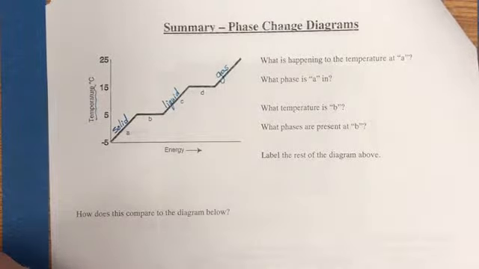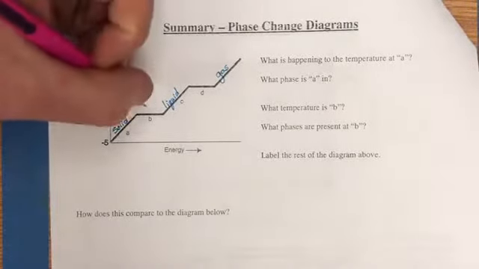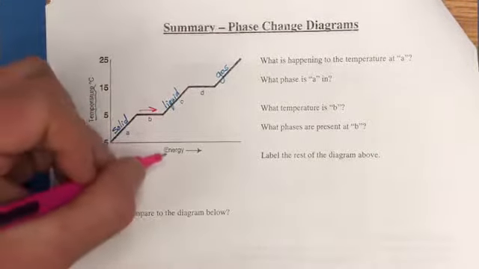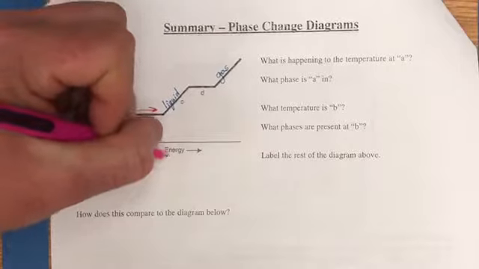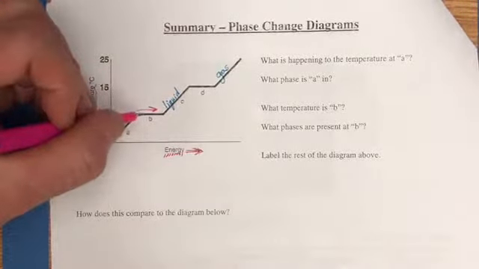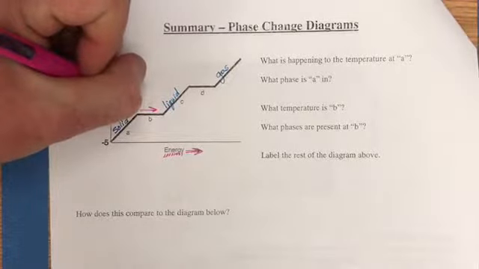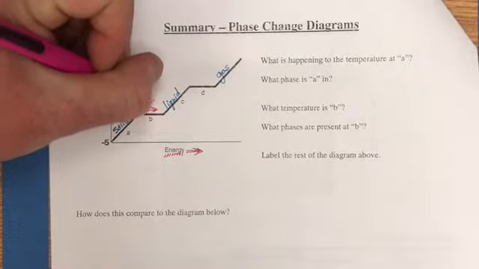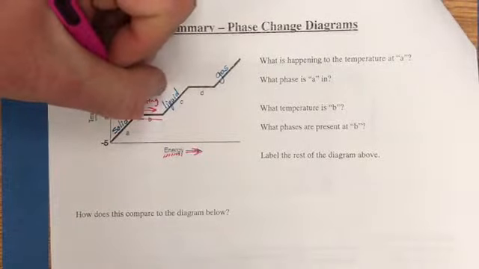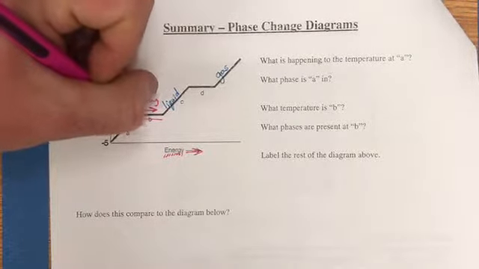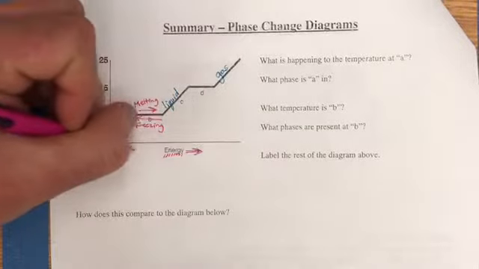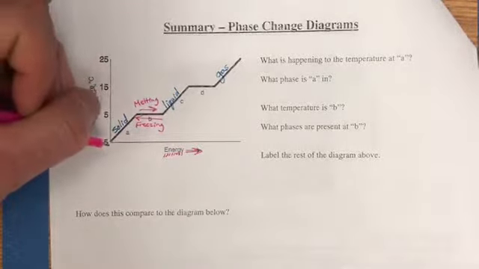Now let's label what's happening on these flat pieces. If we're going across the graph this way, which means we are increasing our energy, that means that here we're melting. If you're going the opposite direction, we would be freezing, and that means you'd be taking energy away from the system.